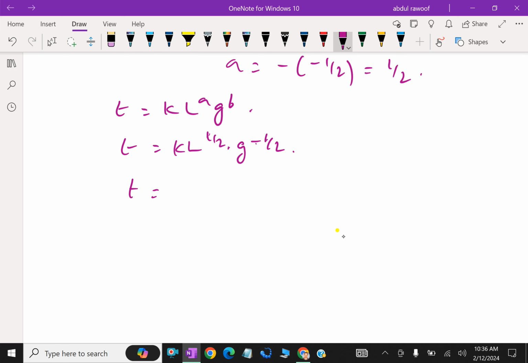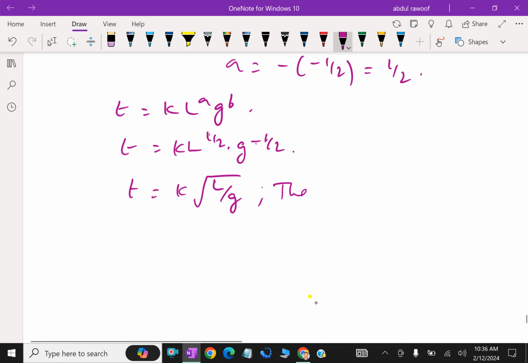Therefore, T equal k times root of L by g. The value of k is determined from the experiment.